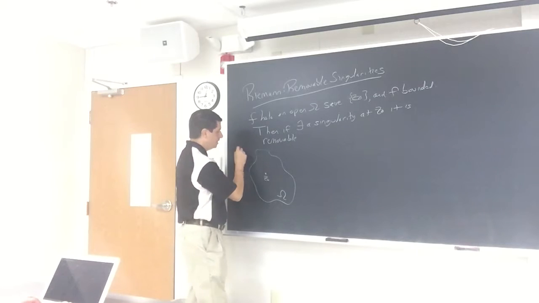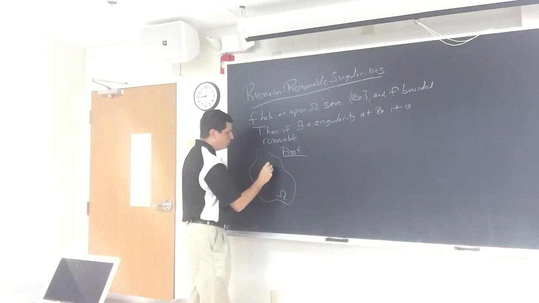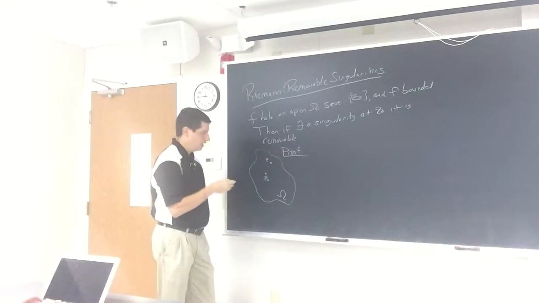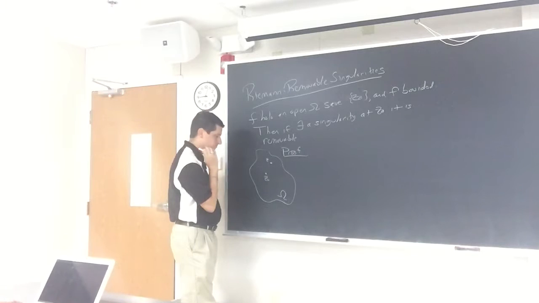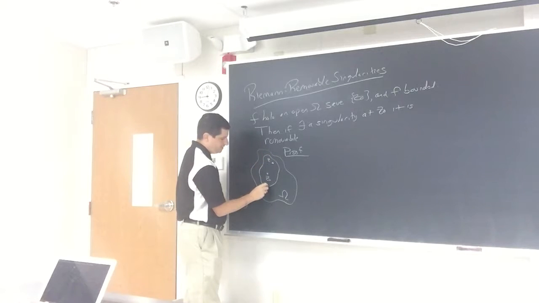And the proof is going to be as follows. We're going to choose some other point z, and we'll take some curve bounding them. We'll often take this to be a disk, but maybe we don't necessarily know it's going to be a disk.